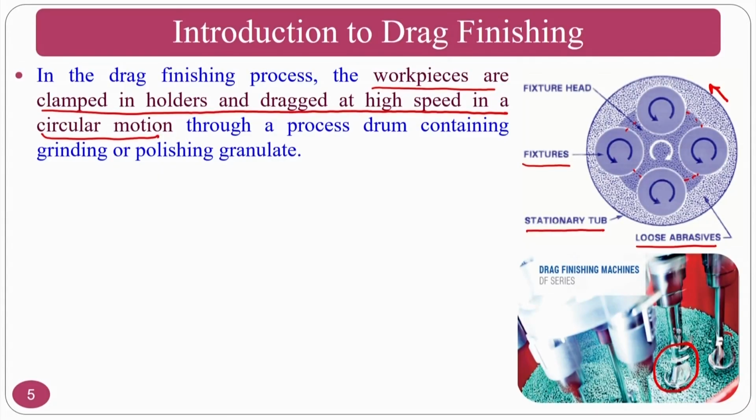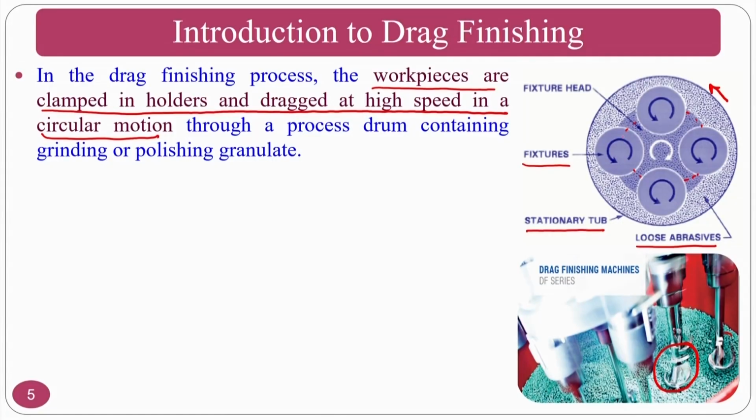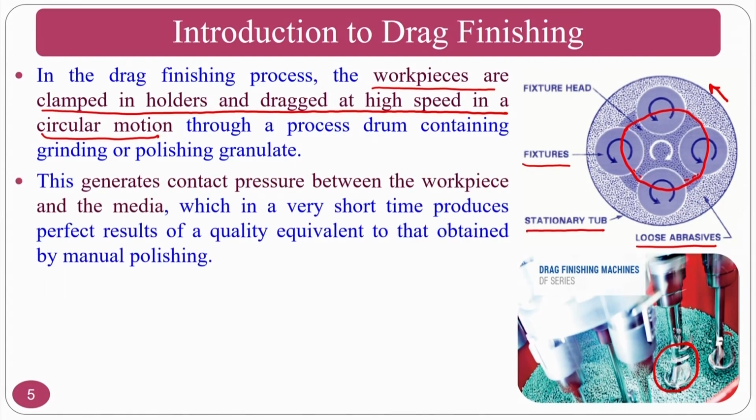If you also rotate the stationary tub, there will be a chance of non-uniformness unless you maintain the pitch circle. So, if you want a uniform surface, you can keep the tub stationary and rotate the components.